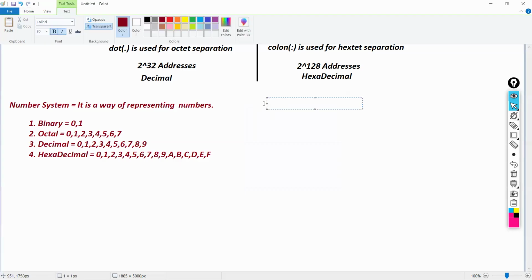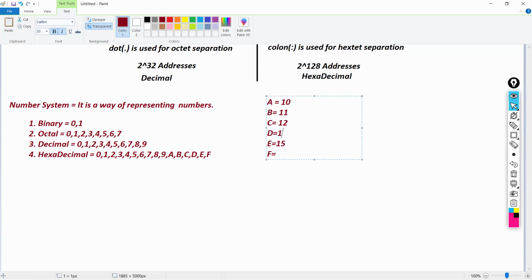So here, the value of A is what? Now fine. So the value of A is 10, value of B is 11, value of C is 12, value of D is 13, value of E is 14, and value of F is 15.